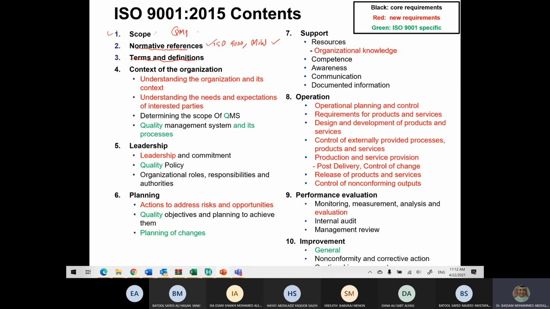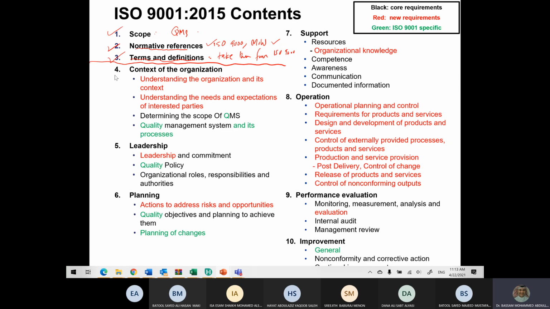So the first one is just the scope of this ISO. The second one is the references. The third one is the definitions, which you take from ISO 9000. The first 3 are usually straightforward, and no one worries about them a lot, because the real ISO standards start from where?